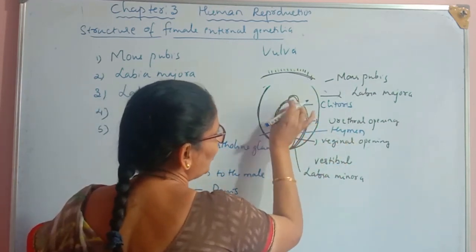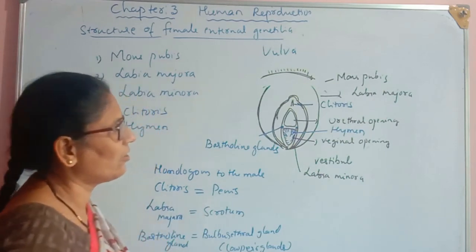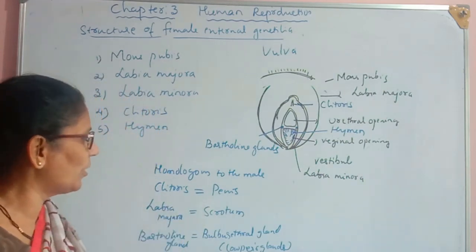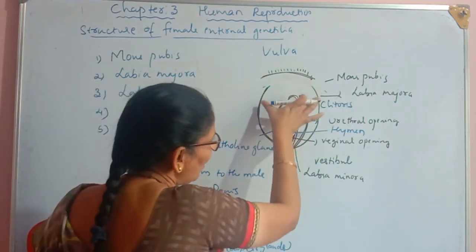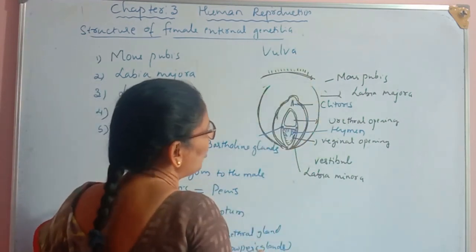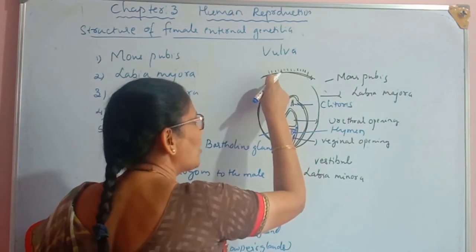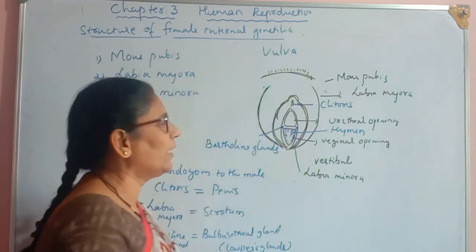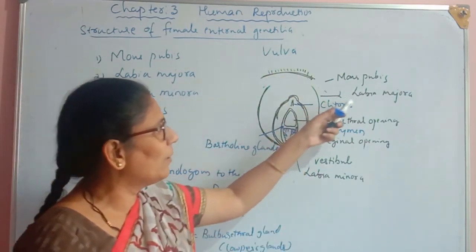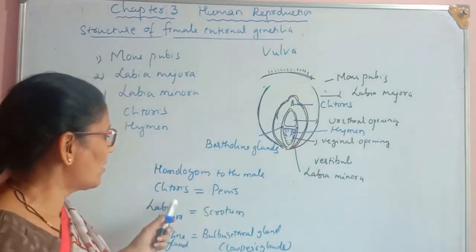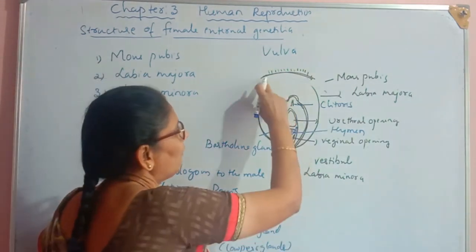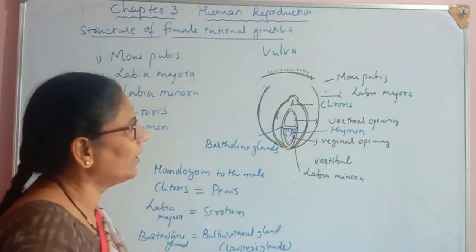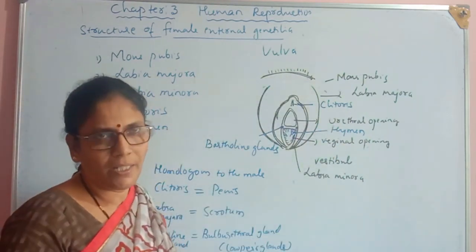At the junction between these two, there is an erectile tissue-like structure called the clitoris, which is homologous to the penis of the male. The whole structure is covered by one more membrane-like structure which extends from the mons pubis to the vaginal opening, which we call the labia majora, homologous to the scrotum of male. And this is a fatty tissue covered with skin and pubic hair.